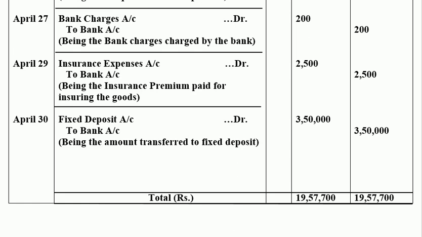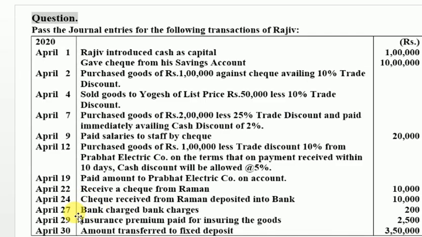Now let's proceed towards another transaction. On April 27, bank charges. As we have discussed in banking transactions, the bank provides some services to you, and on behalf of some services, the bank charges some bank charges from your bank account.